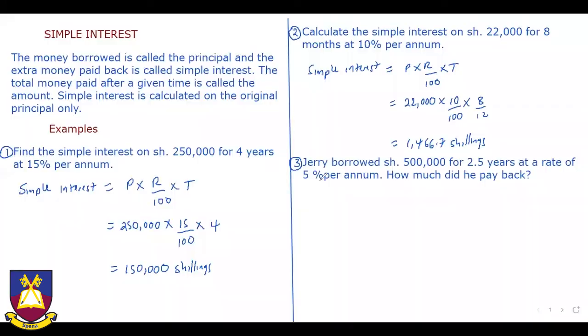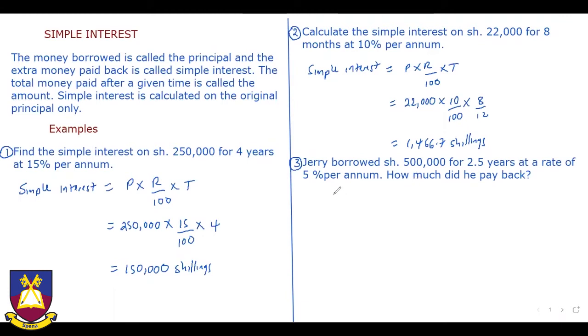Let's look at the next example. So this one says Jerry borrowed shillings 500,000 for 2.5 years at a rate of 5% per annum. How much did he pay back? In this case, we need the amount. That's the total money you pay back. But we can't have the amount unless we have the interest.